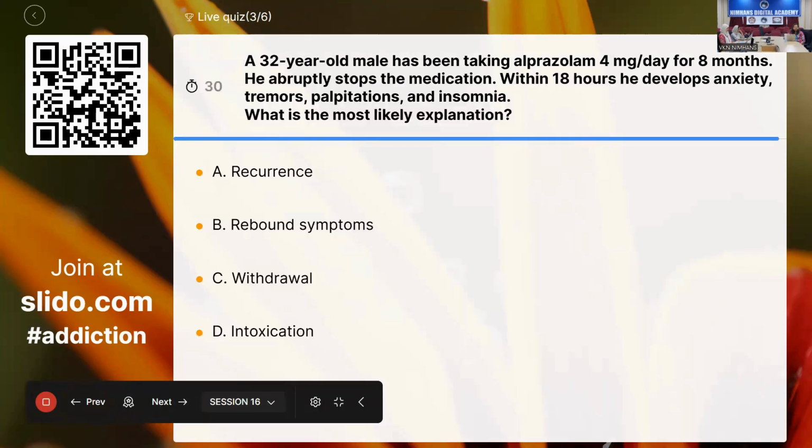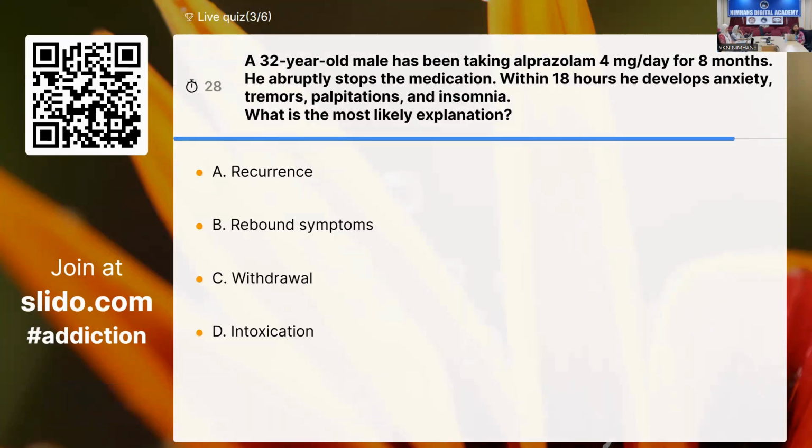A 32-year-old male has been taking alprazolam 4 milligram per day for 8 months. He abruptly stops the medication, and within 18 hours, he develops anxiety, tremors, palpitation, and insomnia. What is the most likely explanation?